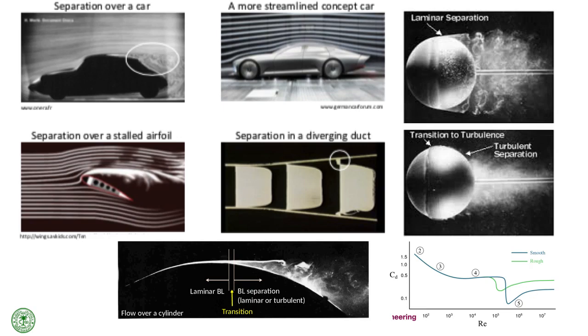This sudden drop is due to the flow changing from laminar to turbulent at this Reynolds number, and it is called the drag crisis. At this point, the point of separation goes from around 90 to around 135 degrees. Thank you.